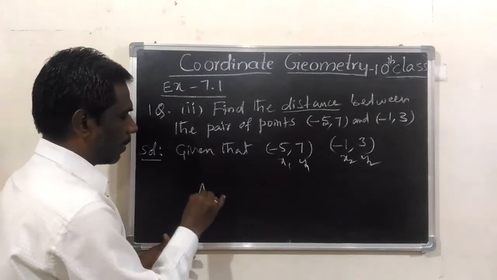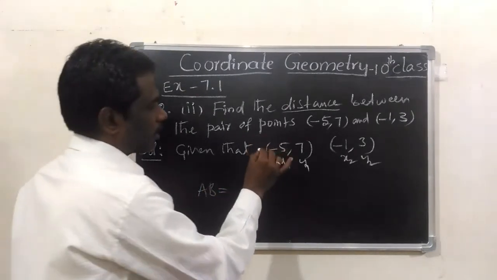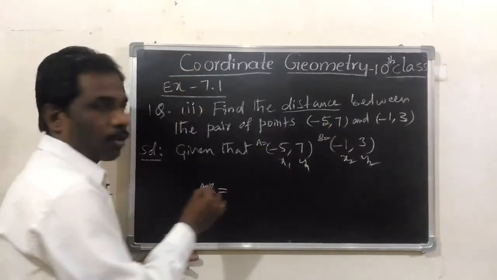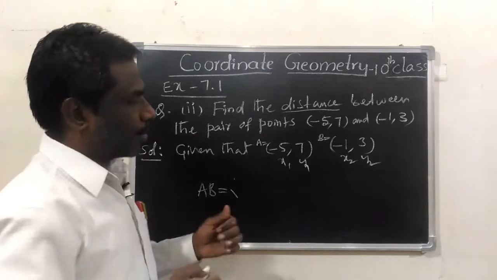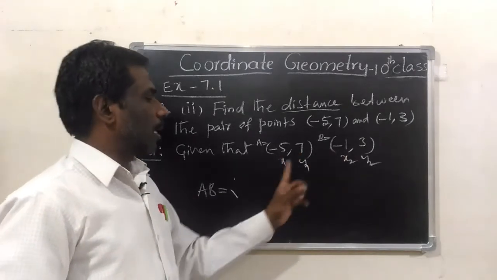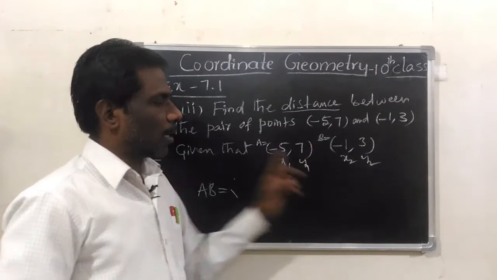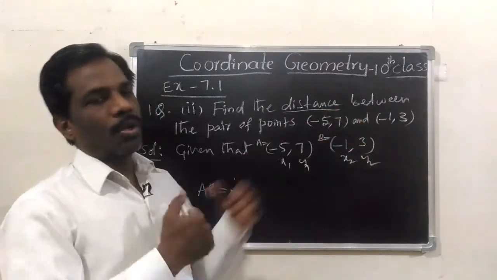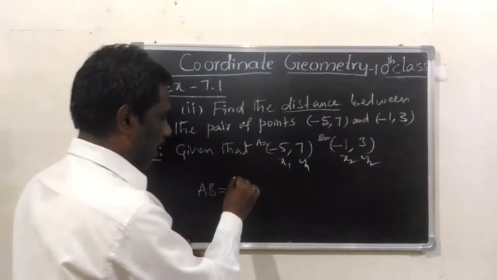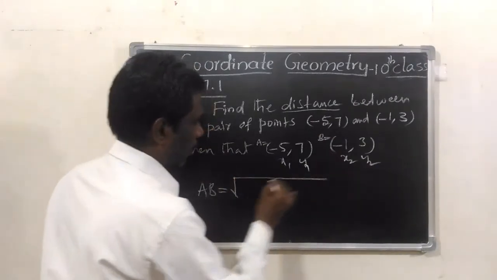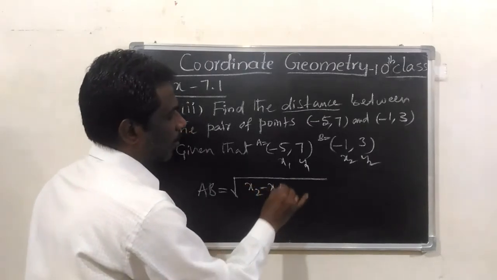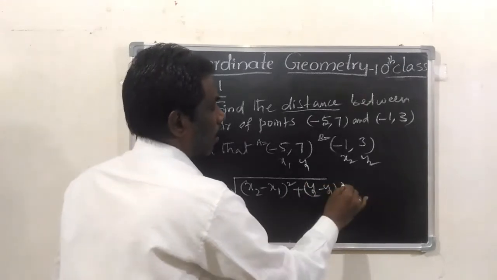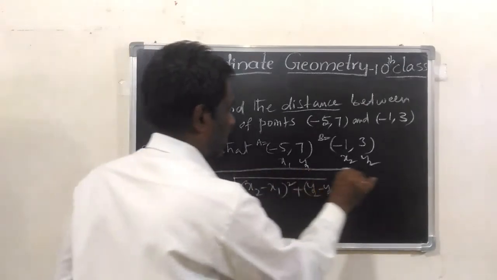Let the first point be A and the second point be B. Now AB is equal to, so check whether the x coordinates are equal or the y coordinates are equal. Both x1, x2 are not equal and y1, y2 are also not equal. That's why I am using the formula, square root of (x2 minus x1) whole squared plus (y2 minus y1) whole squared. Make this a box.